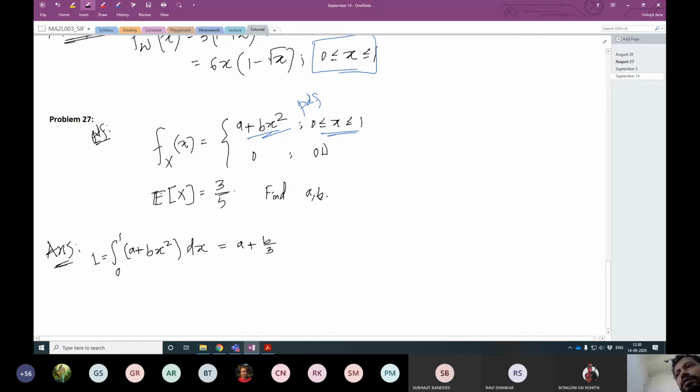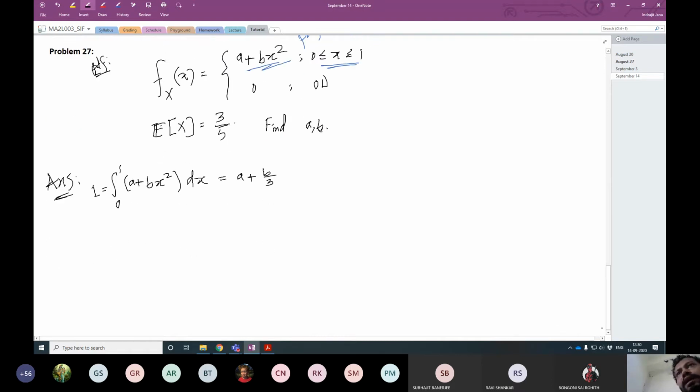So a plus b over 3 is equal to 1. Okay, and it is given that expectation of x is 3/5.